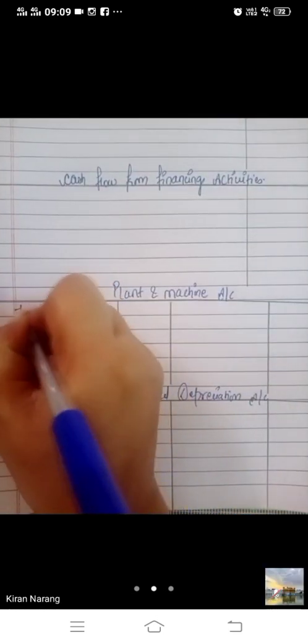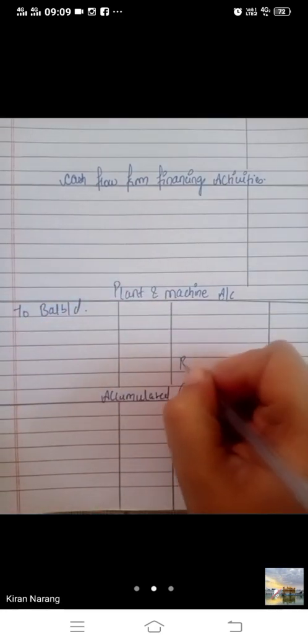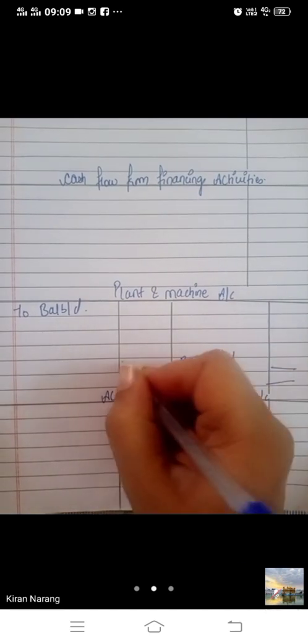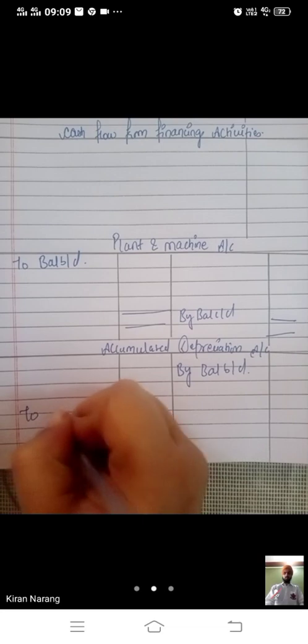So you have to make account first. Balance brought down and balance carried down of plant we have to record like this. Then if we are making the depreciation account, we will write like this. Here we will write by balance BD and to balance carried down.